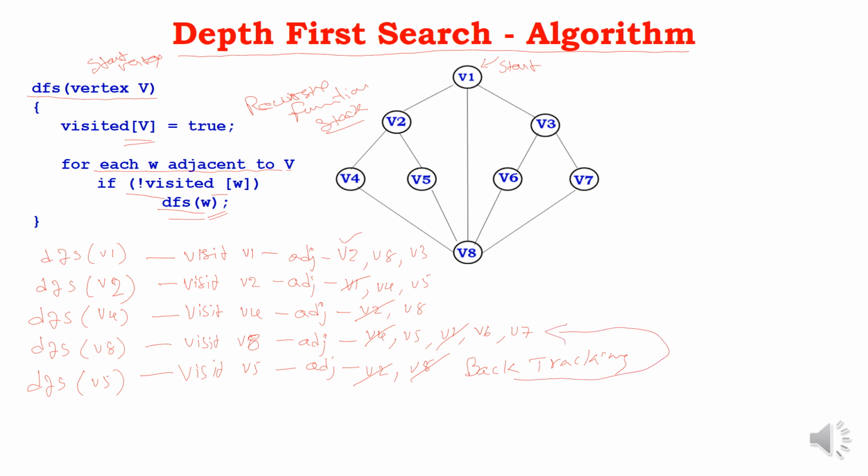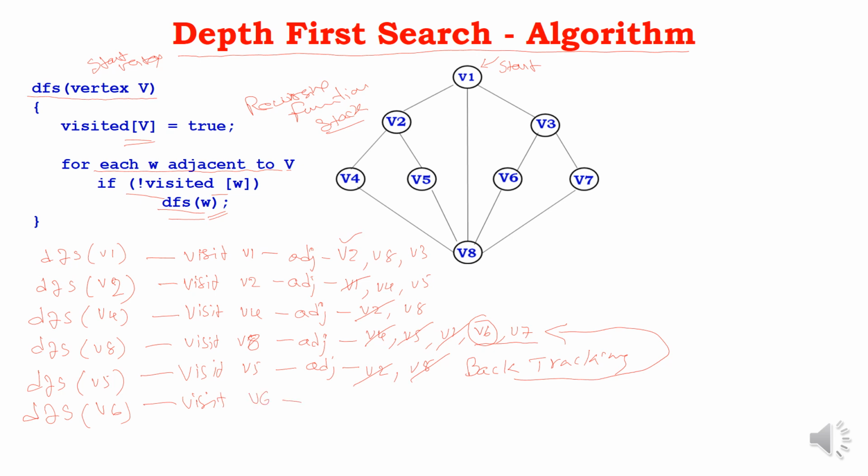Here V5 is already visited. The remaining nodes are V6 and V7. Of these, you may select V6 for your next function call: DFS V6, visit V6.